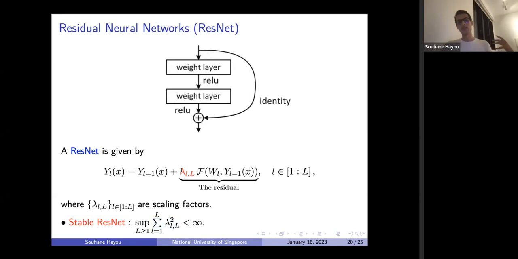Now, if you think also of a scaling sequence such that this factor lambda_l at layer l is equal to some lambda_l, so it doesn't depend on depth, but the sum of lambda_l squared is bounded, meaning that the series converges, then in that case, that scaling sequence also satisfies this property.